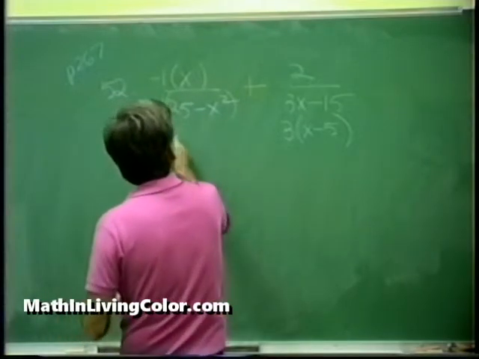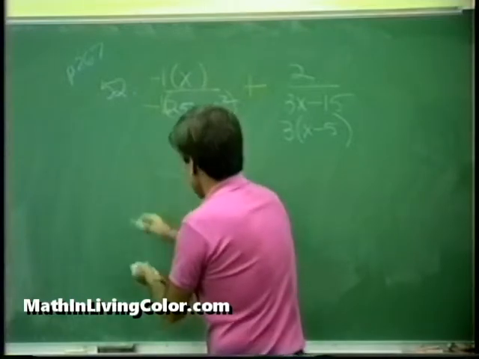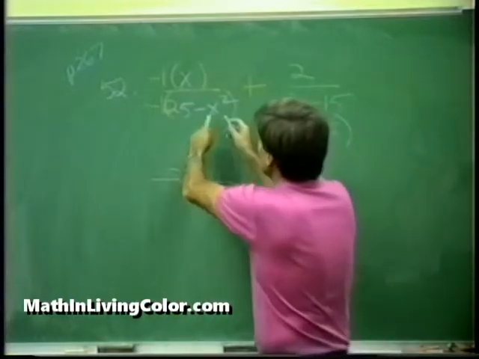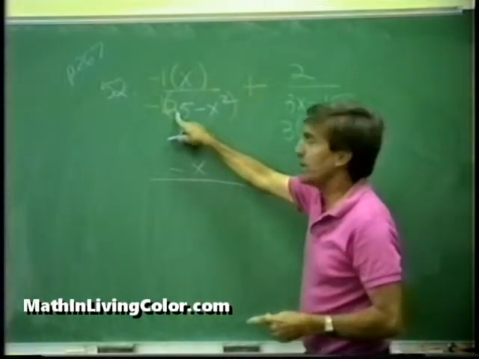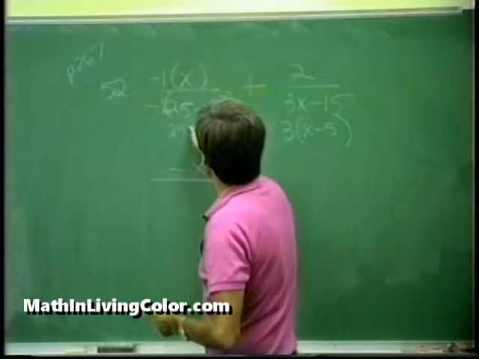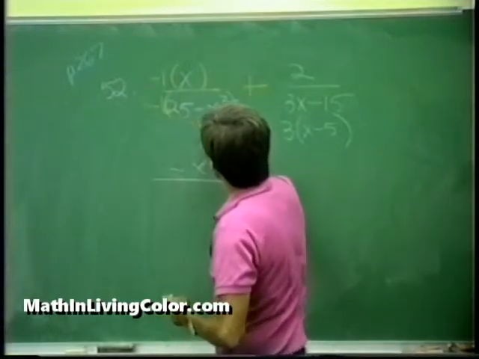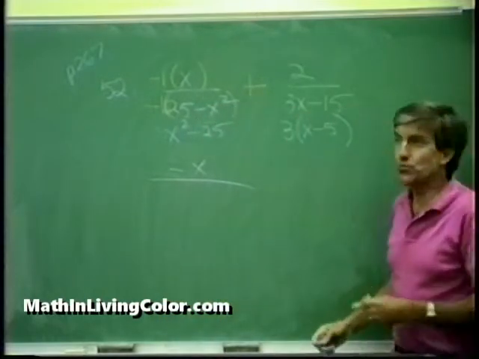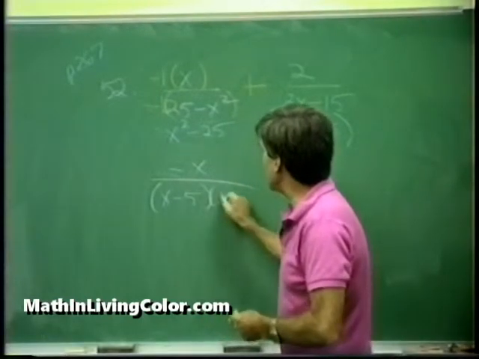And then you'll have a numerator of negative x. Negative x. And the denominator would be 25 minus x squared, which would be x squared minus 25, which would be x minus 5 times x plus 5.